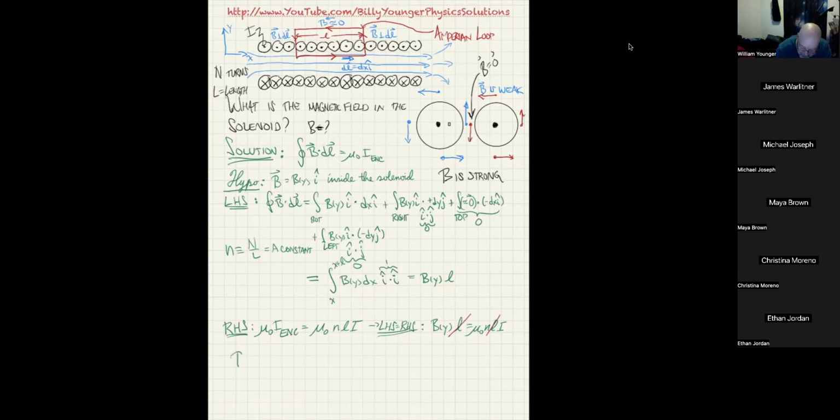The magnetic field within the solenoid is actually equal to mu 0 times lowercase n times I, and it points, of course, in the I hat direction. And I left a little space to say inside the solenoid.